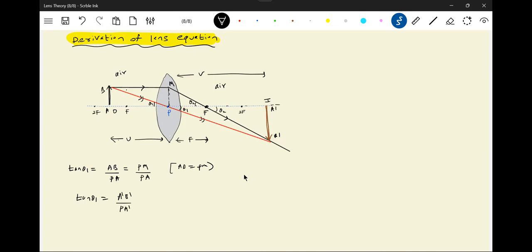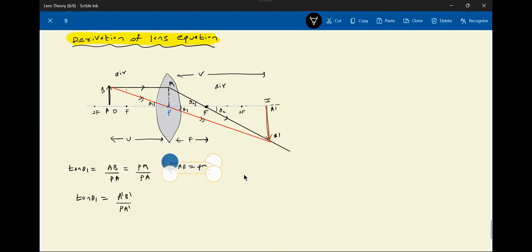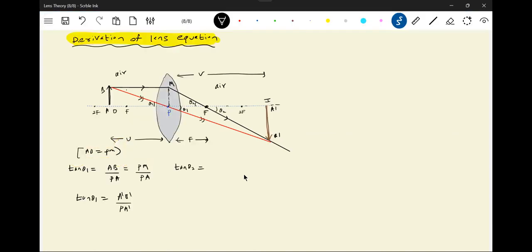This is about the two triangles. Similarly, we'll go for tan theta 2. Just look at the triangles. Tan theta 2 we can write as A dash B dash by FA dash. What is FA dash? FA dash is PA dash minus PF.